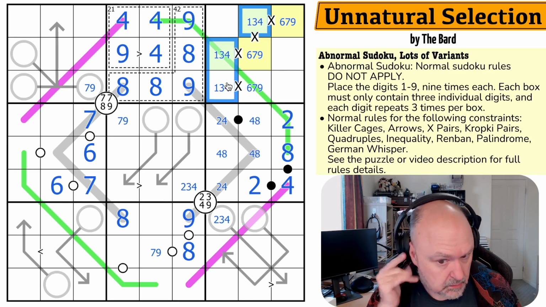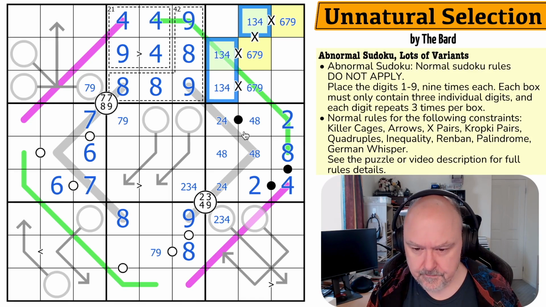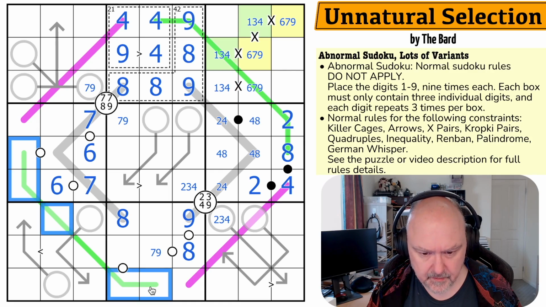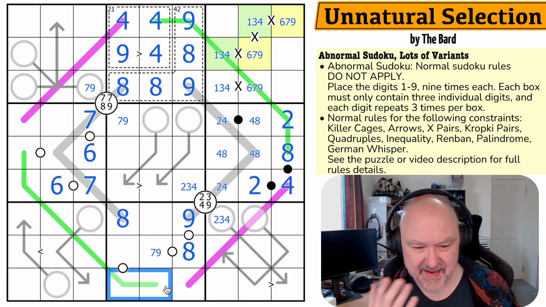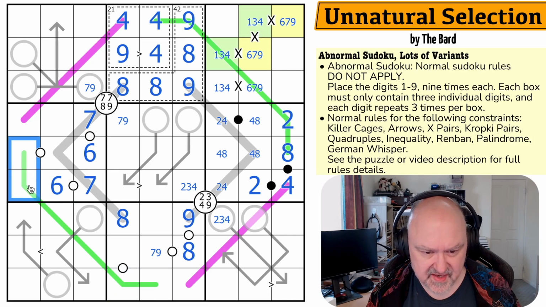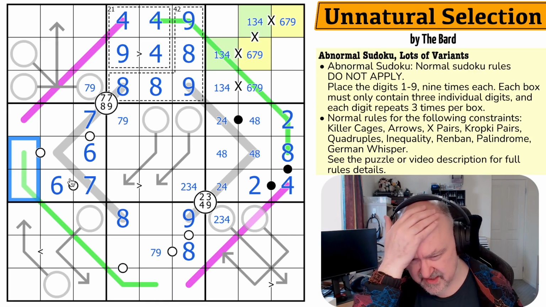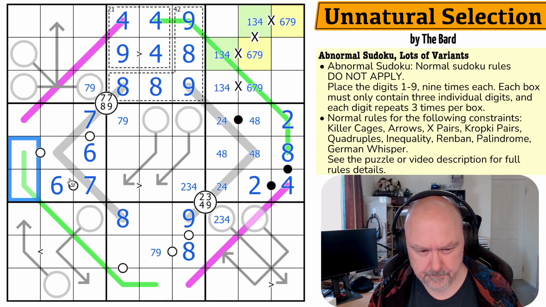Okay. So is it this German whisper line now? One of these must be high. It could be 9. It could be anything, actually. But one of these must be high. I still have 9 to play with, potentially. I have to put another 6 or 7 in here.